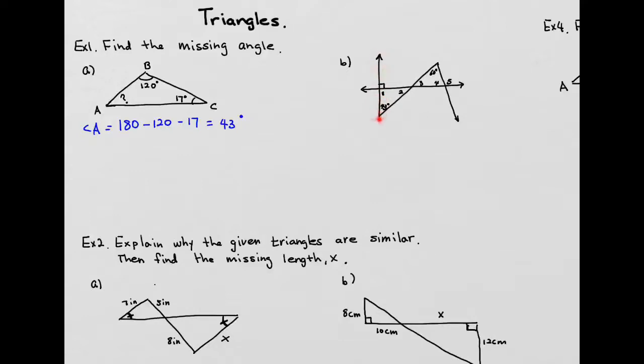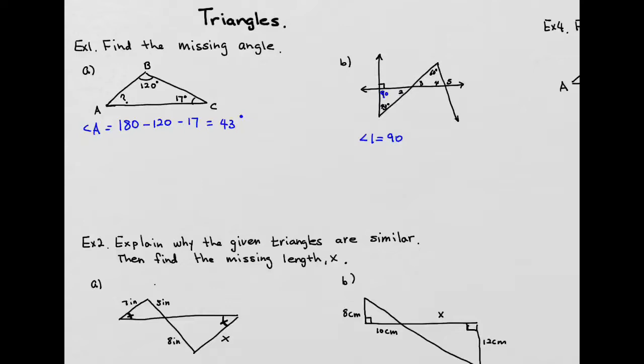Because this is a straight line, and the other side has to be 90 degrees in order to add up to 180, right? So angle 1 is 90 degrees. So I can rewrite this as 90.